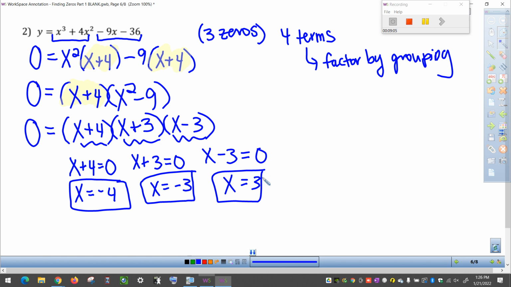I tend to list them out separately, like I've been doing here, but another way you could write it is you could just write x equals out in front, and you could just list your separate answers, separating them with a comma. So it looks like this one has 3 real zeros again. Those are all going to show up as x-intercepts if we were to actually make the graph of that.